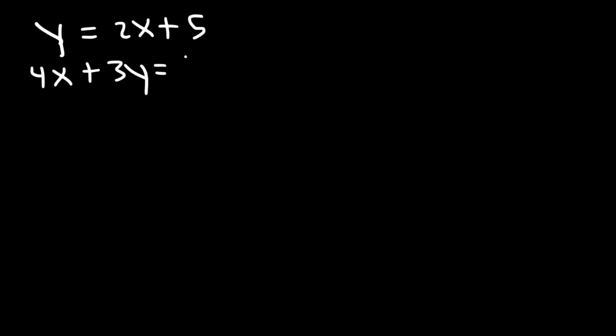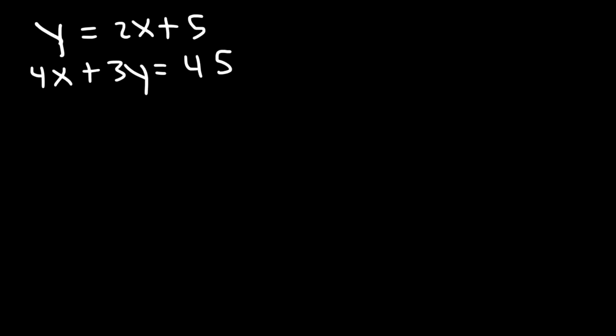Now let's try another example. So let's say that y is 2x plus 5, and also we have 4x plus 3y is equal to 45. Go ahead and solve the system of equations. So in this case, it's better to use another method, that is substitution.